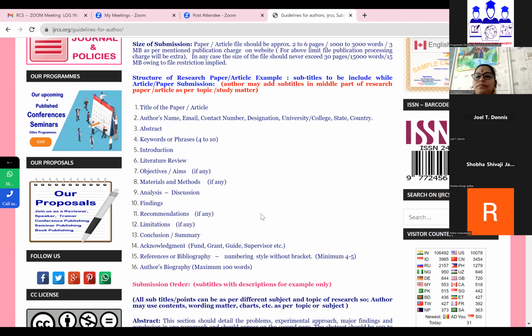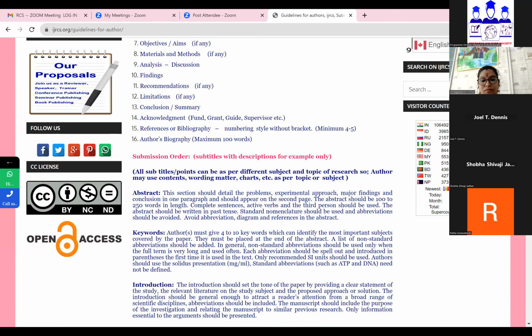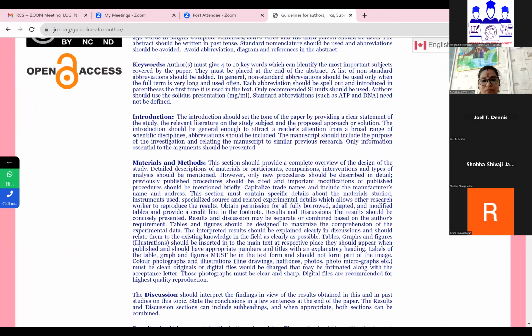Next is analysis and discussion. Findings, recommendations if any, limitations, conclusion or summary. These are the standard subheadings to prepare a research paper or research article. More details, paragraph wise, are given on this website.